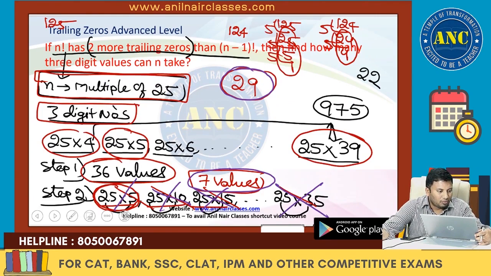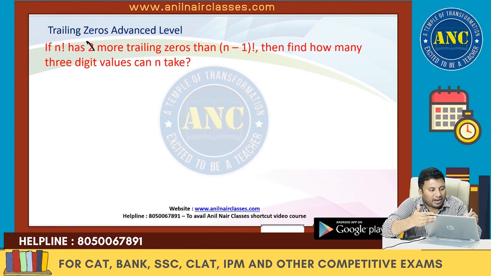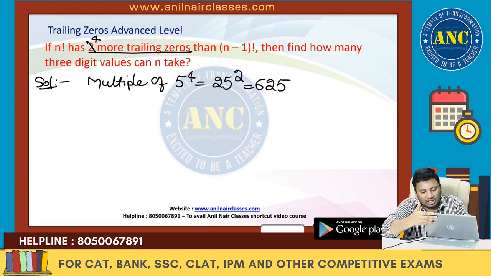I will do one more question. Please write down, sir. n factorial has 4 more trailing zeros than n minus 1 factorial. How many 3-digit values can n take? Solution: 4 more trailing zeros. That means it should be a multiple of 5 power 4. 5 power 4 is 25 square, which is nothing but 625.